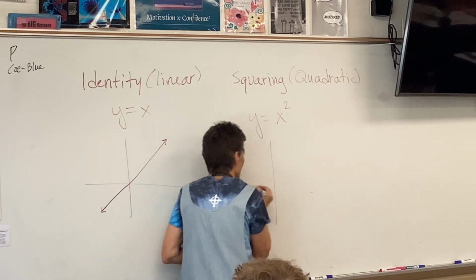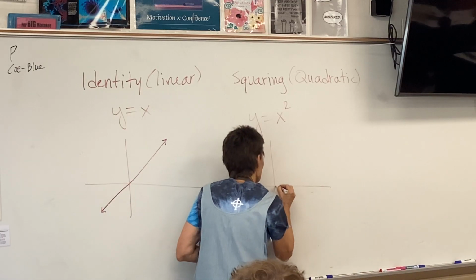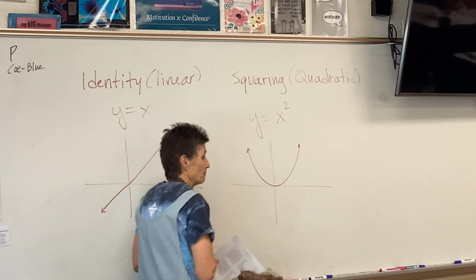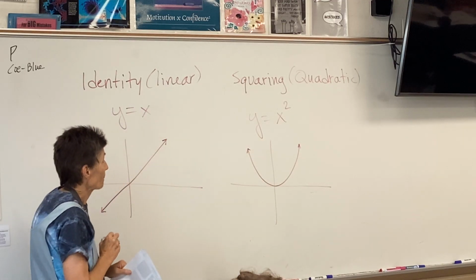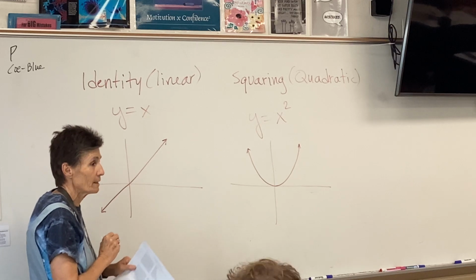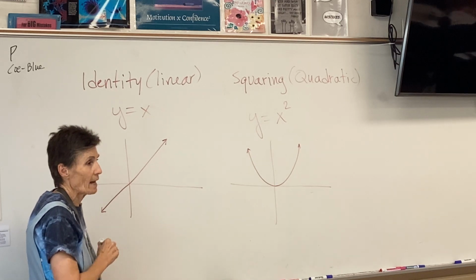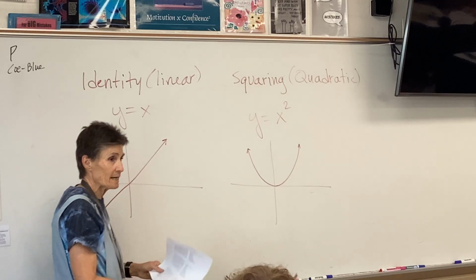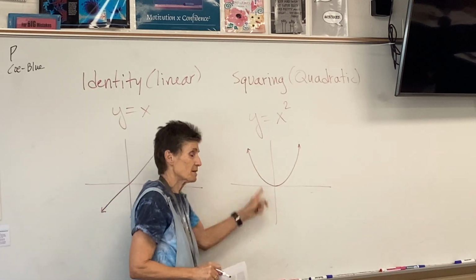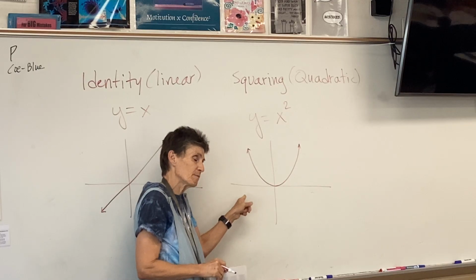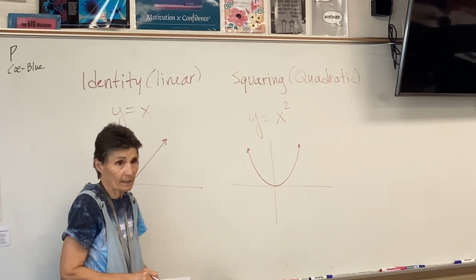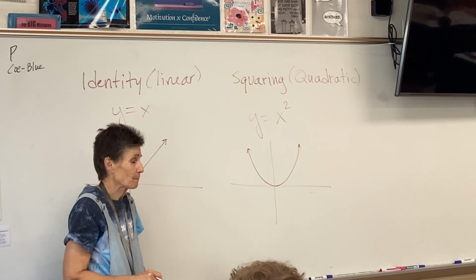And then your picture, you know this, is a nice little parabola. That is your squaring or quadratic function. So again, if we take a quiz and I draw this picture and say, what's the name of that function? You can say squaring or you can say quadratic. It doesn't matter.